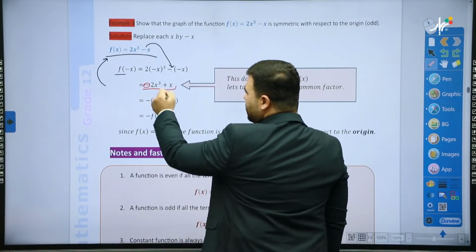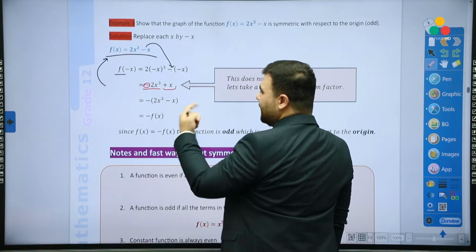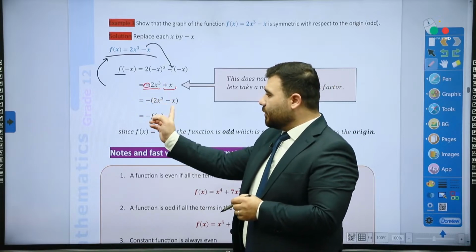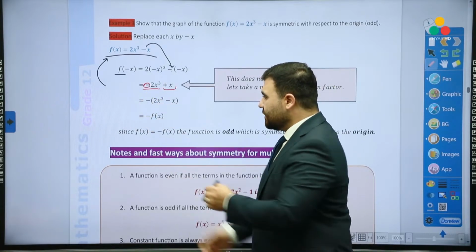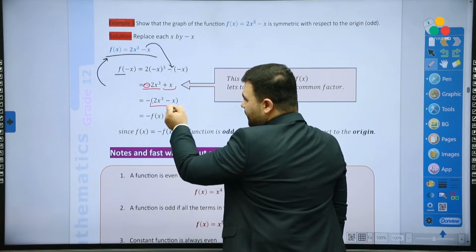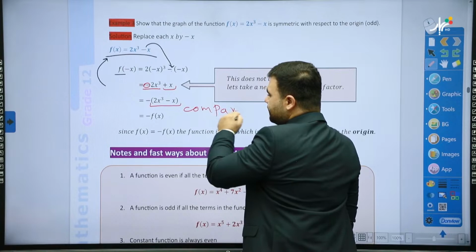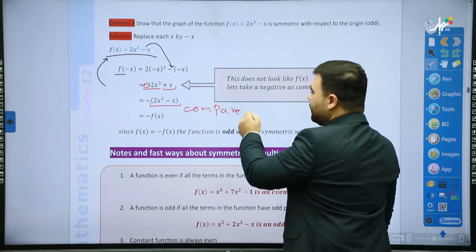This one is positive x. If I take one negative from it, a negative is remaining. Then a negative as a common factor is outside. The rest, which is inside this bracket, again compare to f(x).